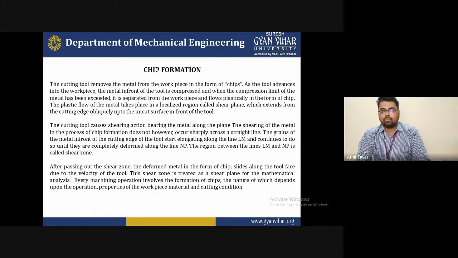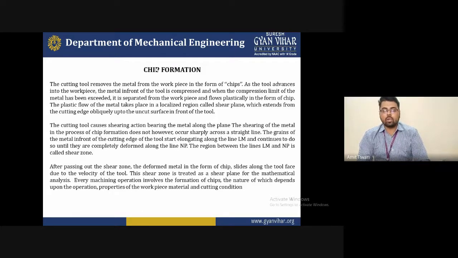The region between the line LM and NP is called shear zone. After passing out of the shear zone, the deformed metal in the form of chip slides along the tool face due to the velocity of the tool, and the shear zone is treated as a shear plane for the mathematical analysis.